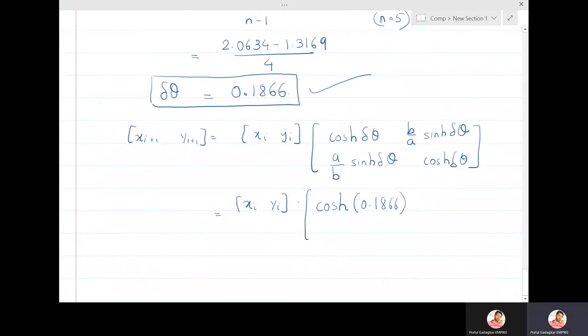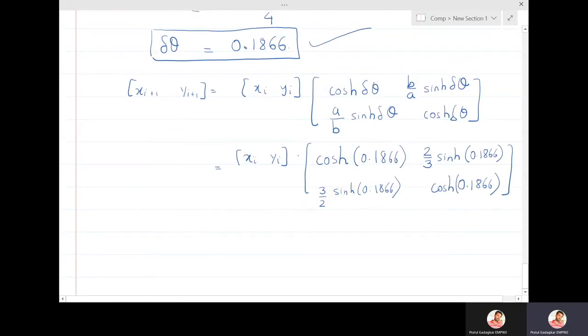b upon a means it is 2 upon 3 sin hyperbolic 0.1866, then 3 upon 2 sin hyperbolic 0.1866, and cos hyperbolic 0.1866.